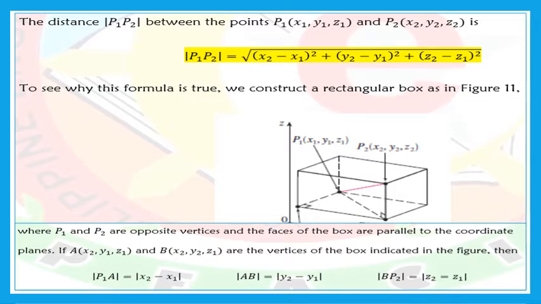If A and B are the vertices of the box indicated in the figure, then the absolute value of P sub 1 A equals the absolute value of x sub 2 minus x sub 1, and then the absolute value of AB equals the absolute value of y sub 2 minus y sub 1, and also the absolute value of B P sub 2 is equal to the absolute value of z sub 2 minus z sub 1. This is minus.